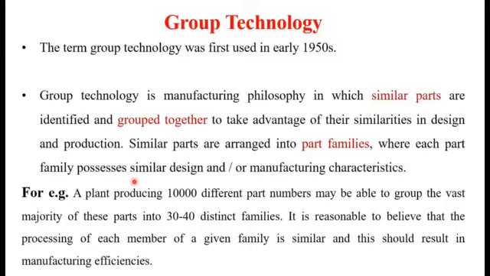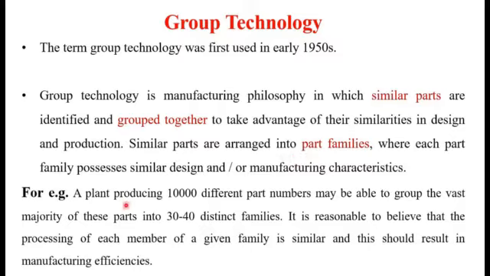The similar parts are arranged into part families, where each part family possesses similar design or manufacturing characteristics. Considering these two main things, similarities in design or in manufacturing activities, the parts are classified and grouped together in various part families.